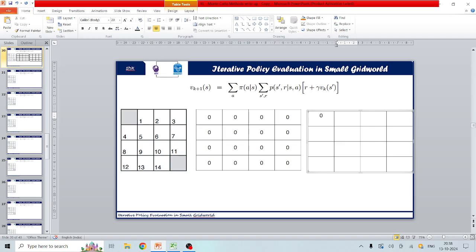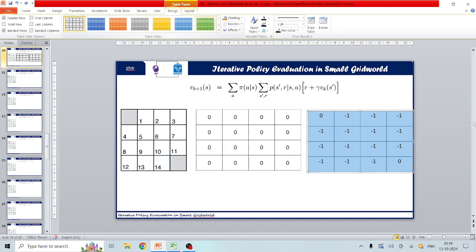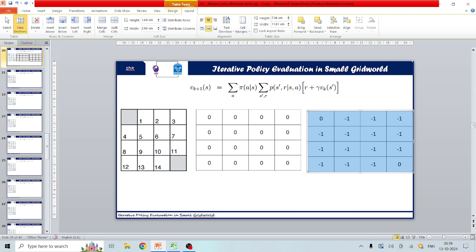So this is 0, and here we have -1 across all the other states, and 0 at the last terminal state. So this is the value function after the first iteration.